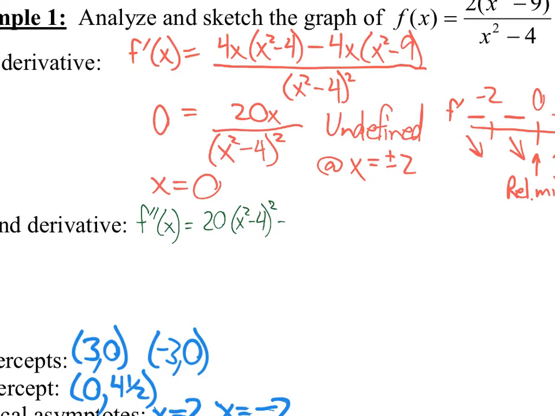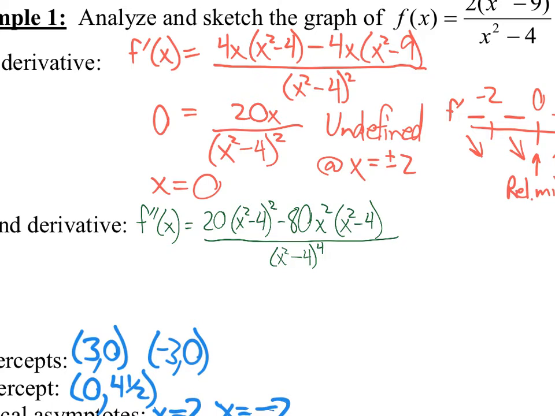That's going to be 80x squared times x squared minus 4 to the first power, since 20x times the 2 times the 2x is 80x squared. And then that's all over x squared minus 4 squared squared, so now it's to the fourth power.